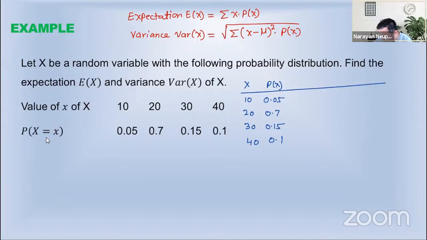Those are your values, x and p of x. Later on, we'll do the total. I'm not going to add all these p of x. If you add all those p of x, you know that it'll be 1.